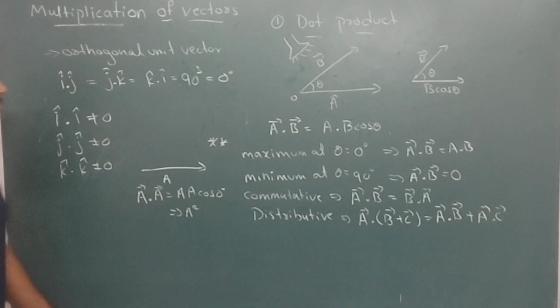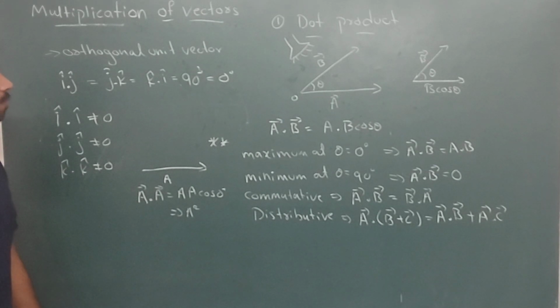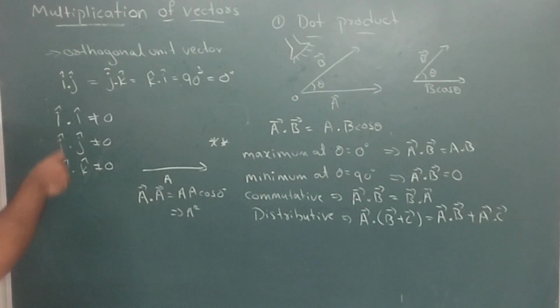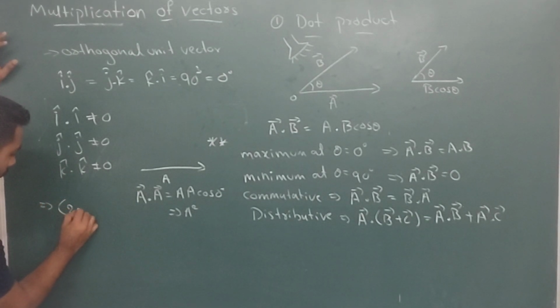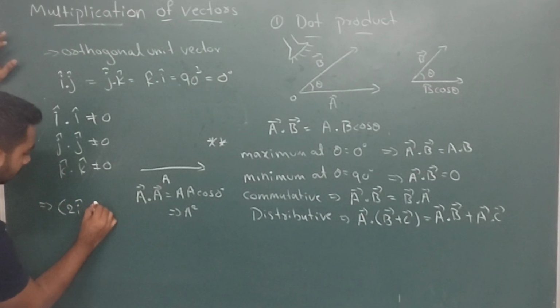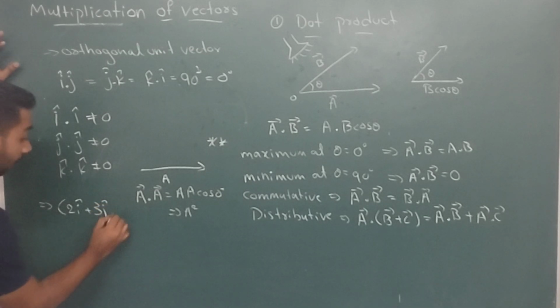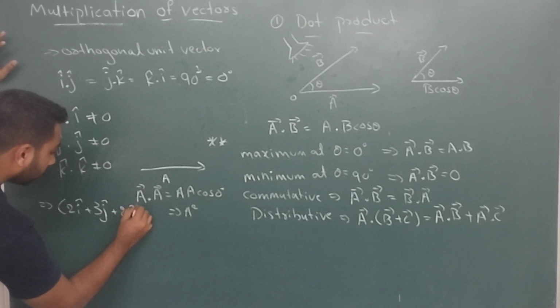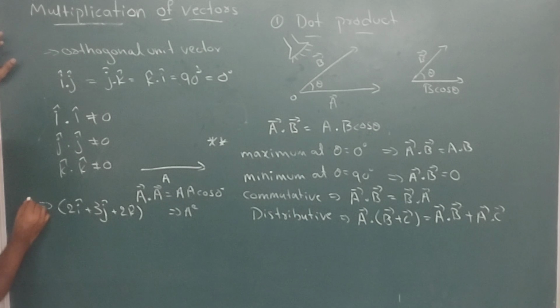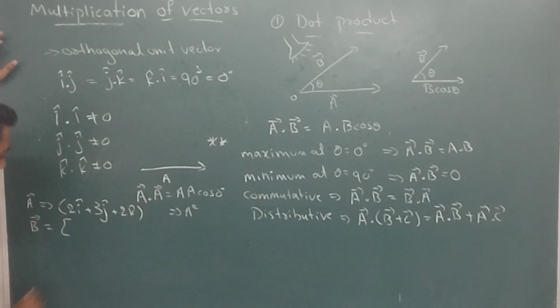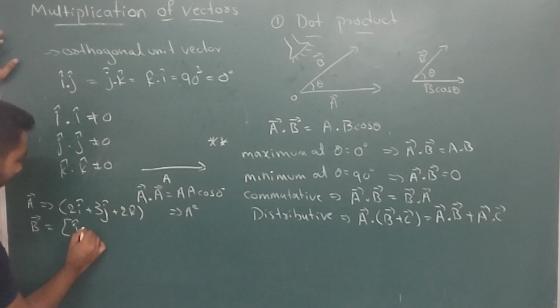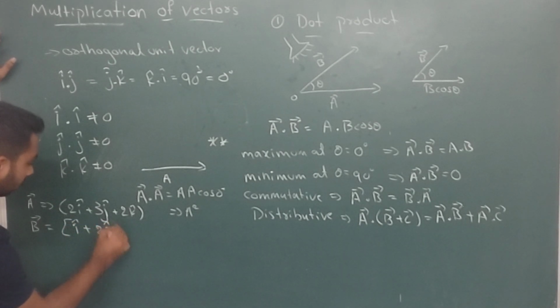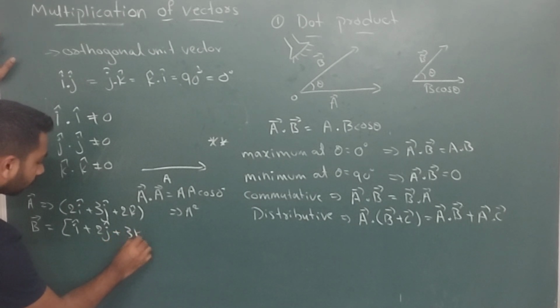Now I will give you one beautiful example. If I take the vector 2i plus 3j plus 2k, let's say this is vector a, and one more vector b, which is equal to i plus 2j plus 3k.